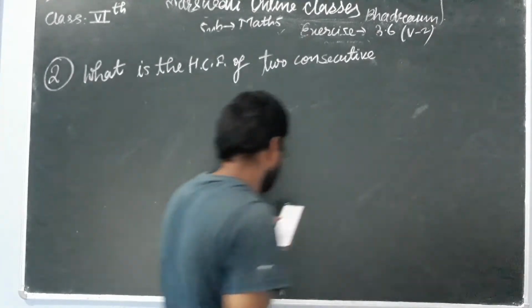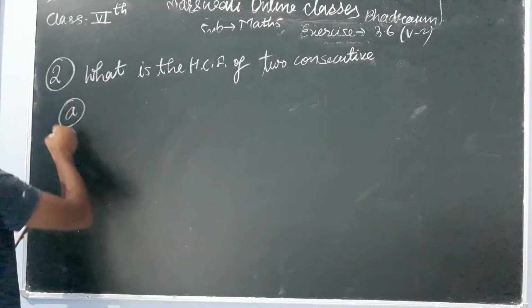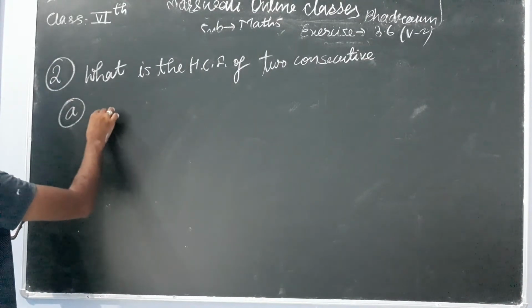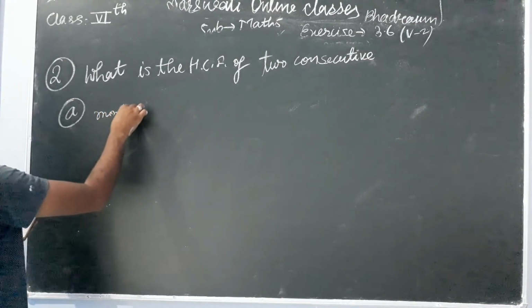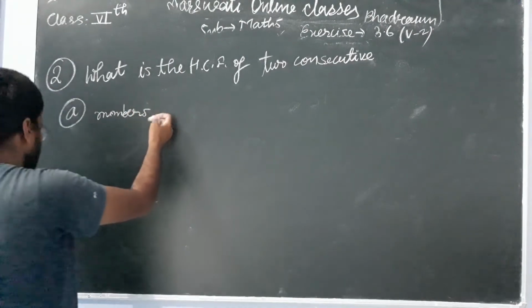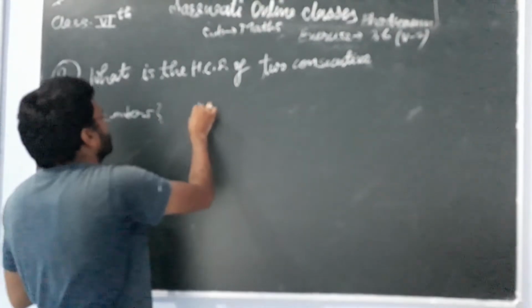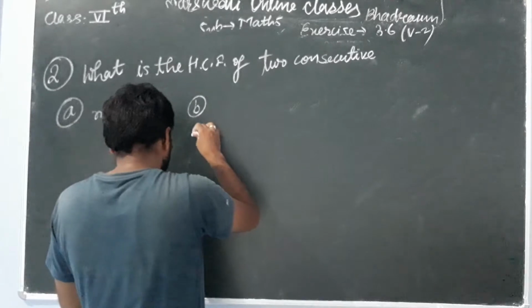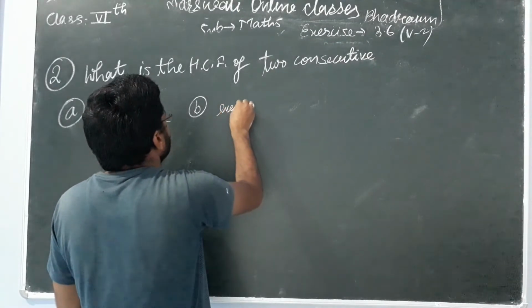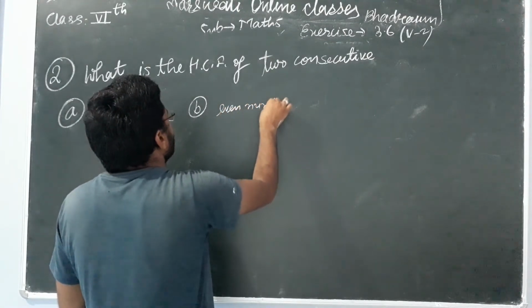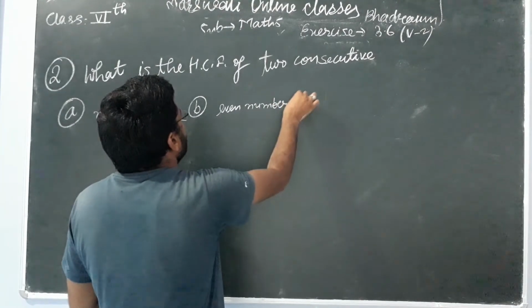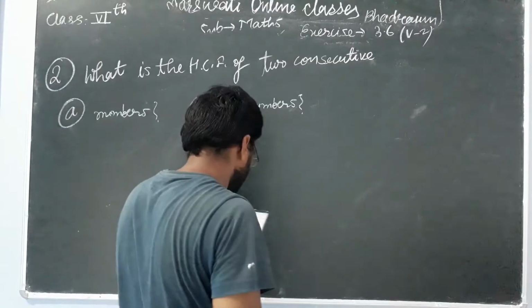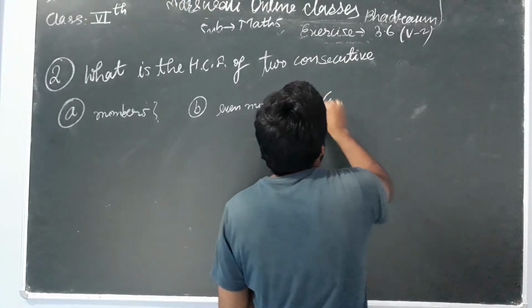Number A is numbers. Number B is even numbers. And number C is odd numbers.